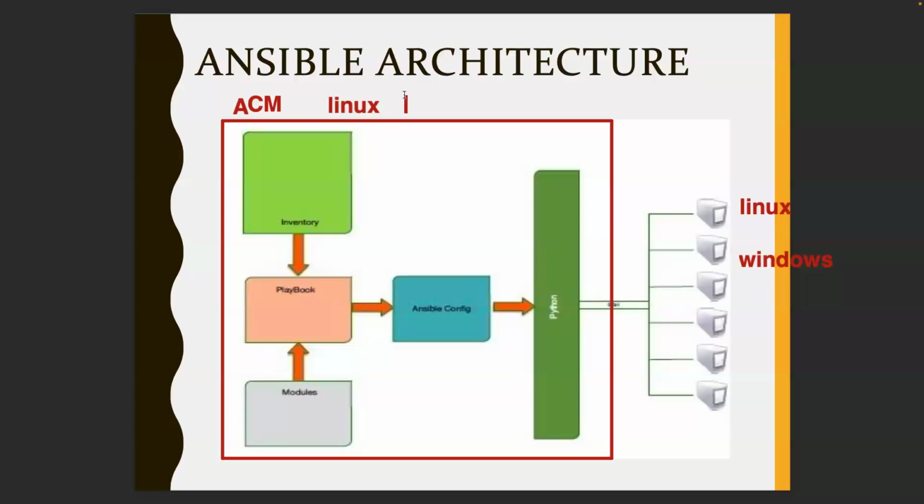And also there is a prerequisite: Python should be present on both the controller machine and the targets. Like I told you, Ansible is a Python-based application. Python should be installed on all the machines. And of course, all the Linux systems, particularly the latest versions of Linux, come with Python installed. So yeah, you will have Python.